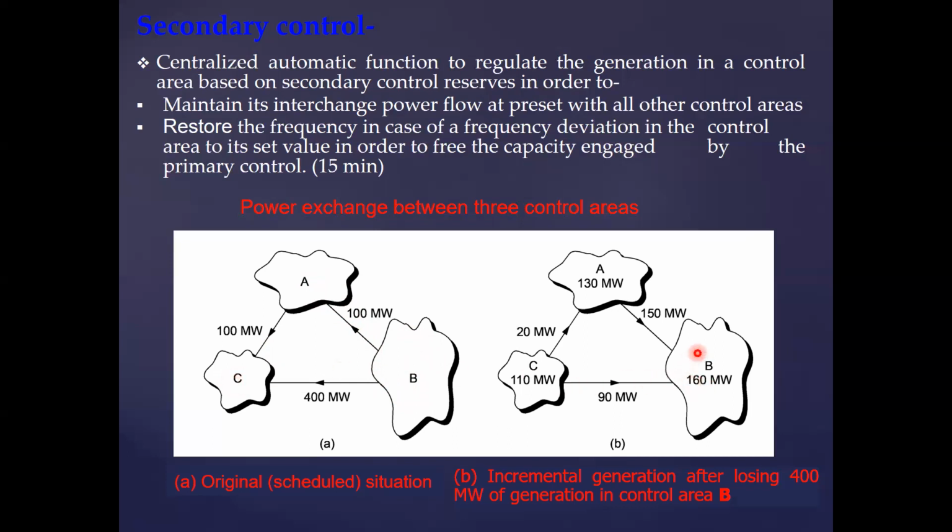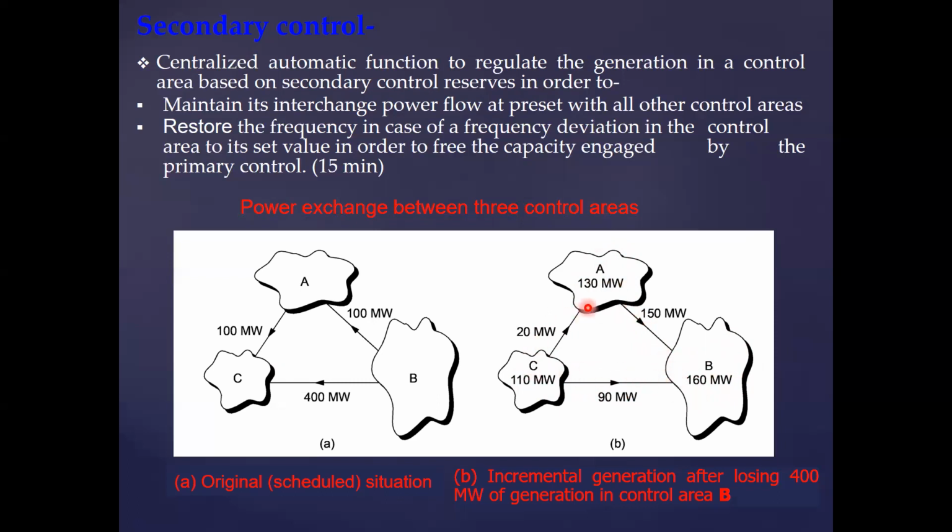But in case of a generator outage in area B, there is a deficit in the generation in the control area B, and thus, the system being interconnected, you can have the power flow available from areas A and C. That means you have increased the generation in areas A and C, and thereby you are able to meet the demand from area B. This is possible only when the system is interconnected.